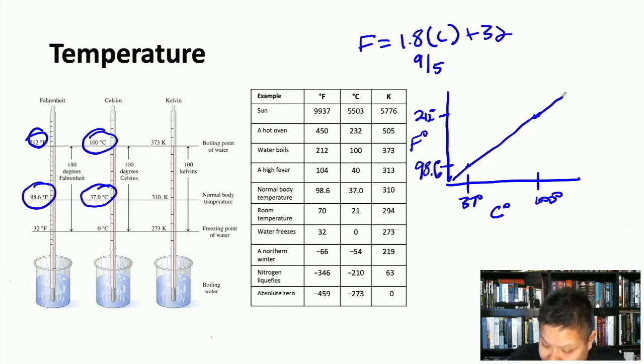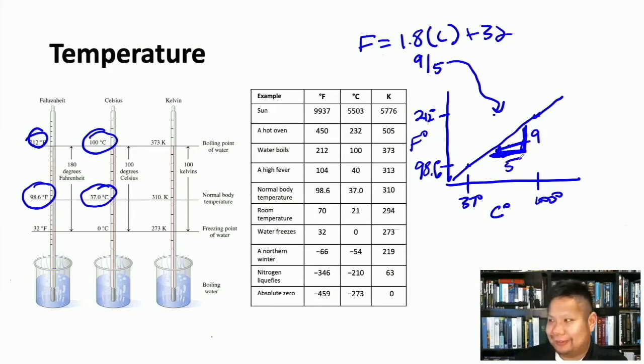And it turns out that this 9/5 right here is actually the slope of this line. The 9 goes there, and the 5 goes there.